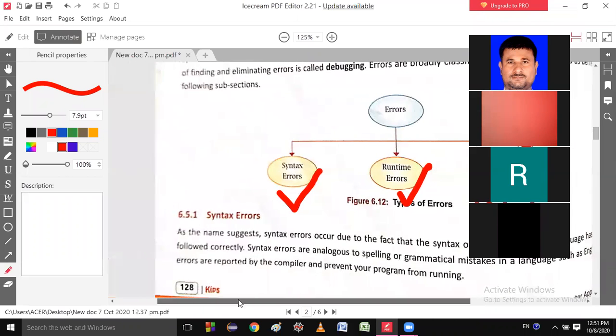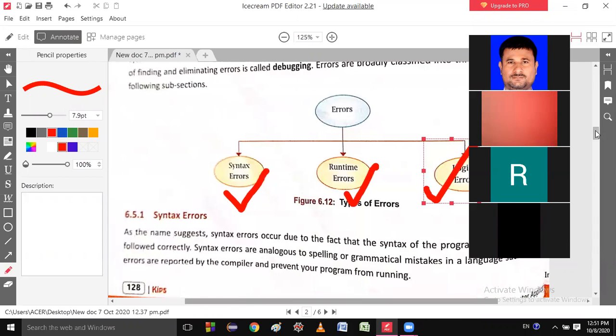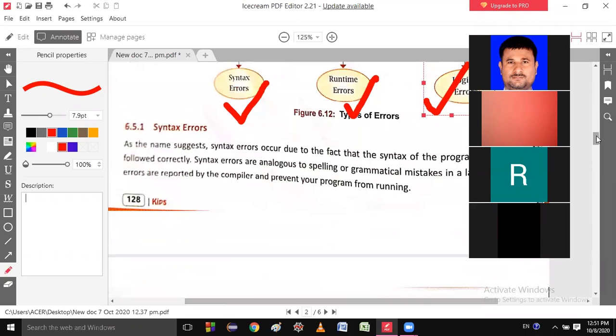Basically, by the name, you cannot say that if you are not importing a package, then it is a syntax error. Syntax errors are different. Syntax error means you are doing something syntactically wrong, like terminator missing, curly braces missing, opening and closing curly braces missing, comma missing, bracket missing.